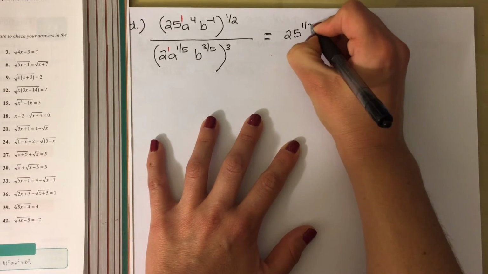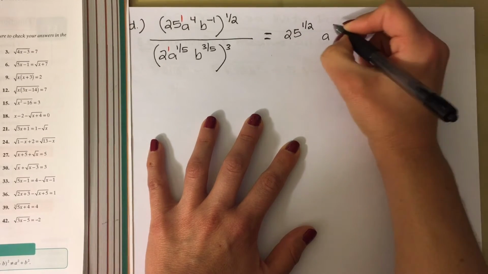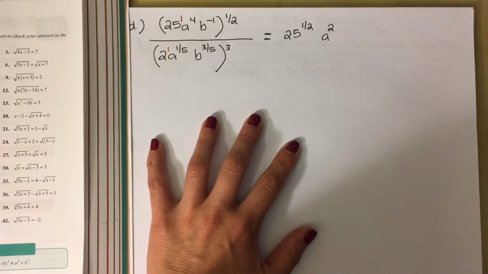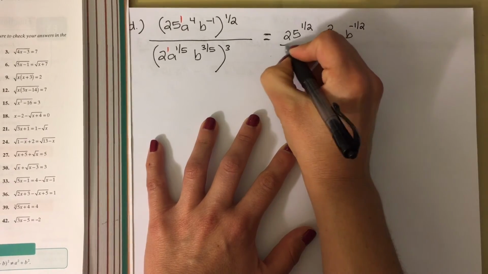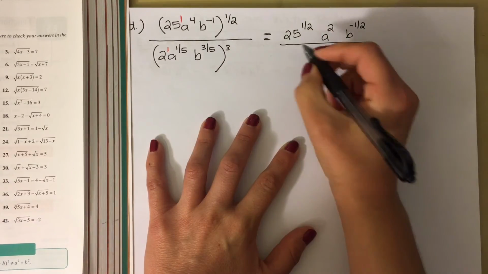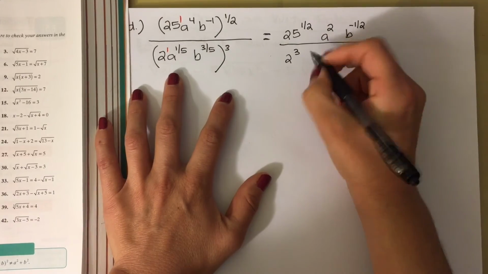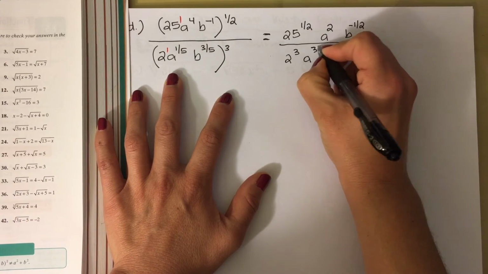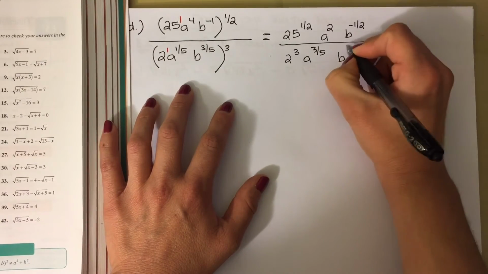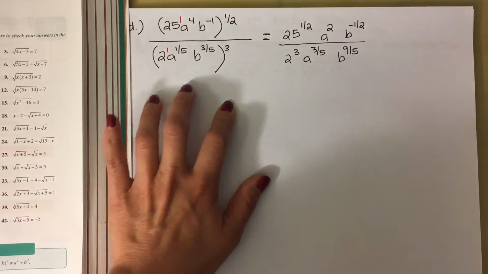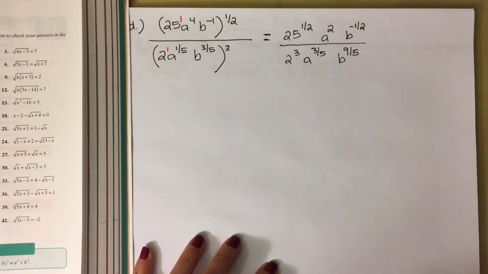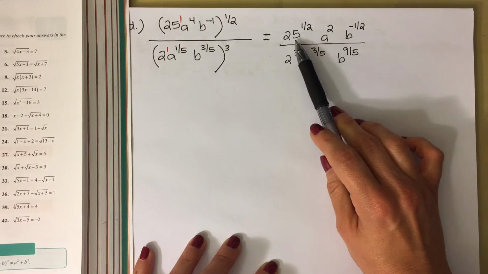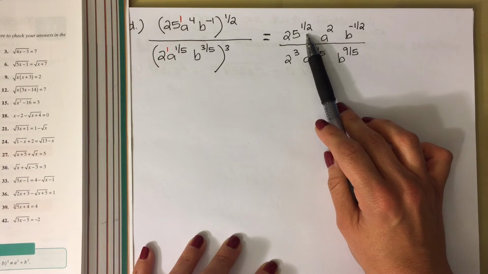25 to the 1/2 power. A squared. B to the negative 1/2 power. 2 to the 3rd. A to the 3/5. B to the 9/5. All right, what we did earlier, just a few minutes ago, 25 to the 1/2 power is equivalent to square root of 25.